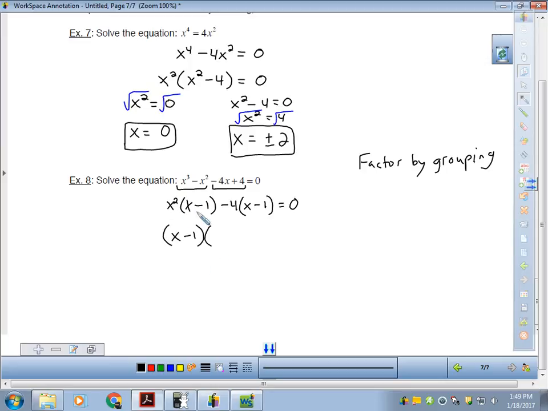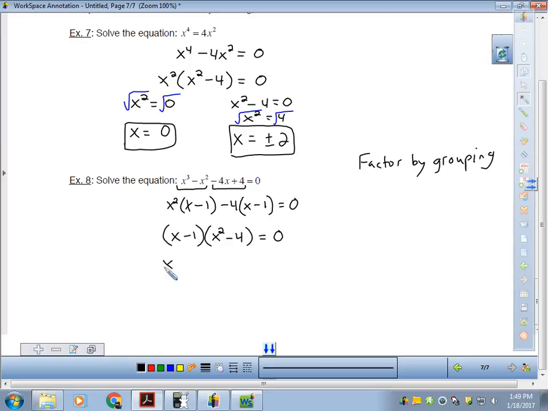When I pull that x minus 1 out of this first group, all that gets left behind is the x squared. When I pull the x minus 1 out of the second group, all that's left behind is the minus 4. And there we go. Now it's factored.